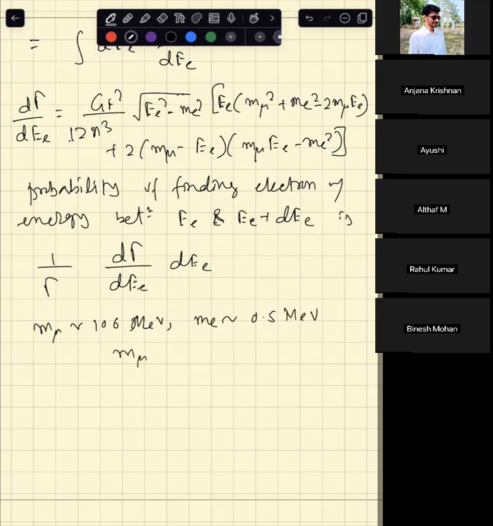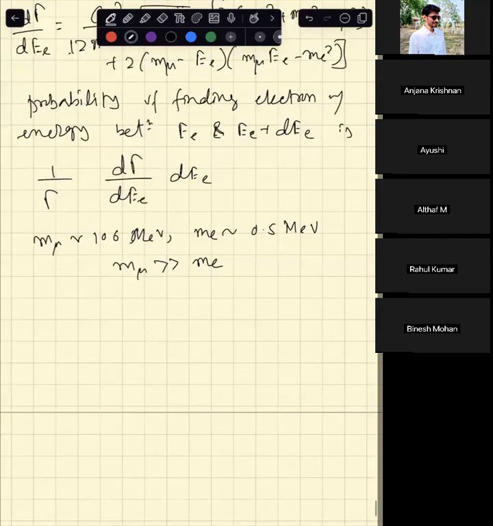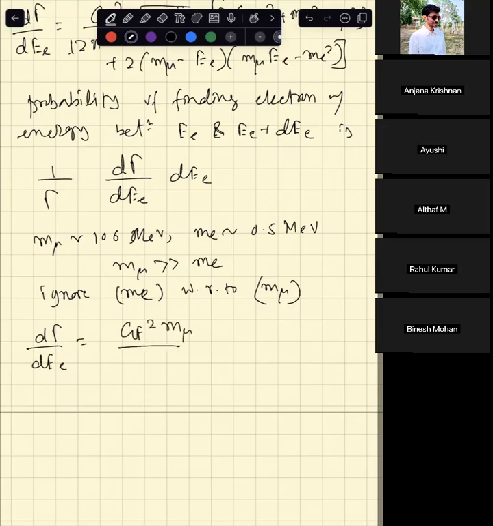So M_μ is much greater than M_e. If we take this into consideration, then we can ignore the electron mass with respect to the muon mass, and we can give it a very compact form: G_F squared M_μ by 12π cubed, E squared (3M_μ minus 4E).